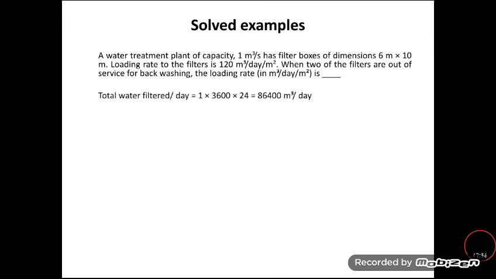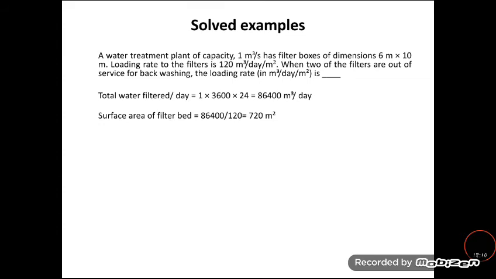So here the total amount of water filtered per day is given as 1 meter cube per second. It is converted into meter cube per day by multiplying by 3600 into 24, that is 60 into 60 into 24. The surface area of the filter bed is calculated by dividing Q by the loading rate of the filter.